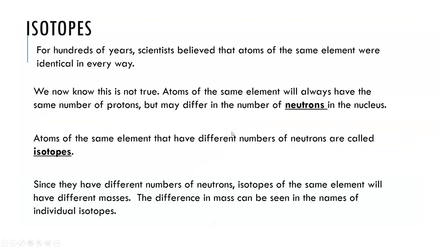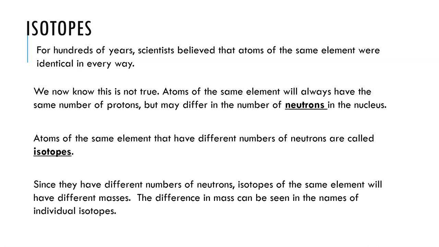Now let's talk about isotopes. For a long, long time, scientists, and before them, alchemists, believed that atoms of the same element were identical to each other in every single way. Now, we know that this is not true. Atoms of the same element will always have the same number of protons, but can differ in the number of neutrons in the nucleus.